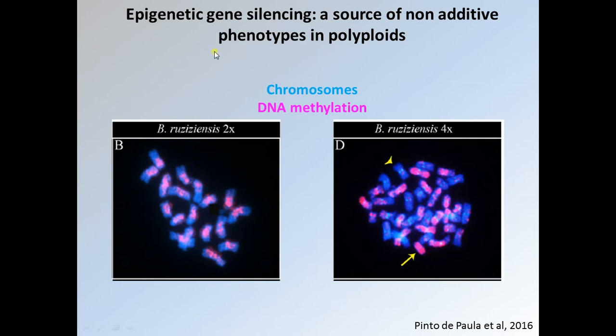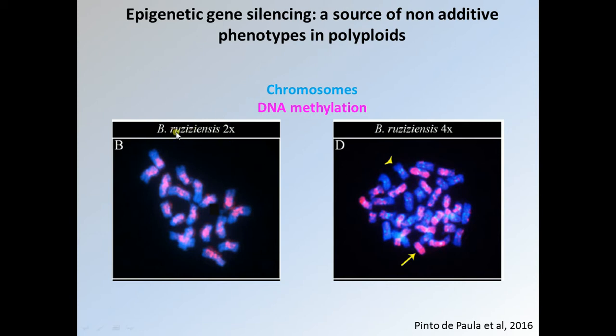And one theory that has been proposed is that instead of having a lack of some chromosomes or some new genetic dosage or genetic composition of the genome, you could have just expression patterns that are different between chromosomes. Let's say one chromosome could be silenced, the other one could be fully expressed, and that will lead to some non-additive phenotype. So the authors here checked this hypothesis.